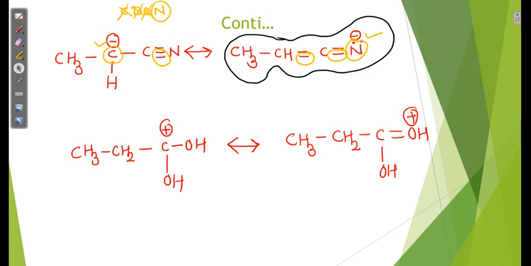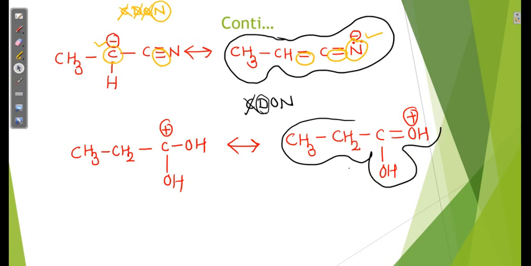Let us come here, CD-on. Among these two structures, both contain a charge, so not solved. Yes, it is solved from the double bond. This has more double bonds, we come to the conclusion. Now if we move ahead, see the octet.